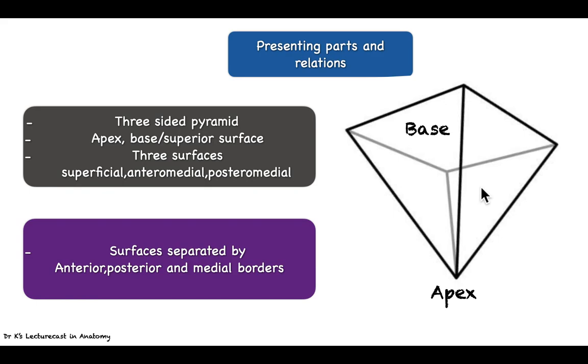So, all these surfaces are divided by borders. You can take this as anterior border, medial border, and the posterior border. This is just an imagination to know the presenting features and the relations of parotid gland with other structures.